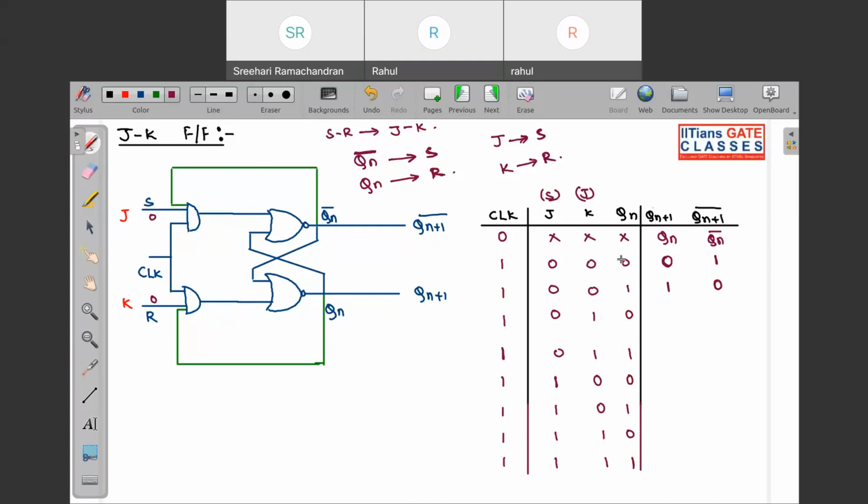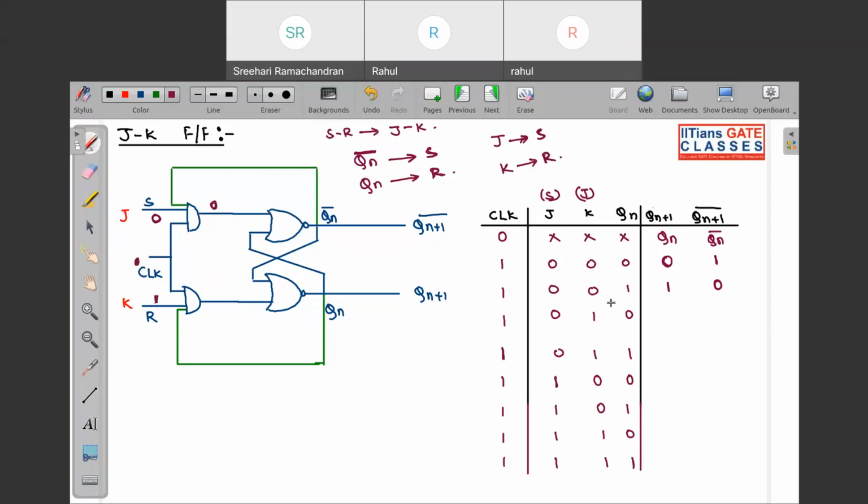Now look very carefully. If S is 0, meaning J is 0, K is 1. So if this is 0, it doesn't matter whatever the other inputs are over here, this will immediately be 0. If this is 0 and this is 1, clock is 1, even clock is 1.